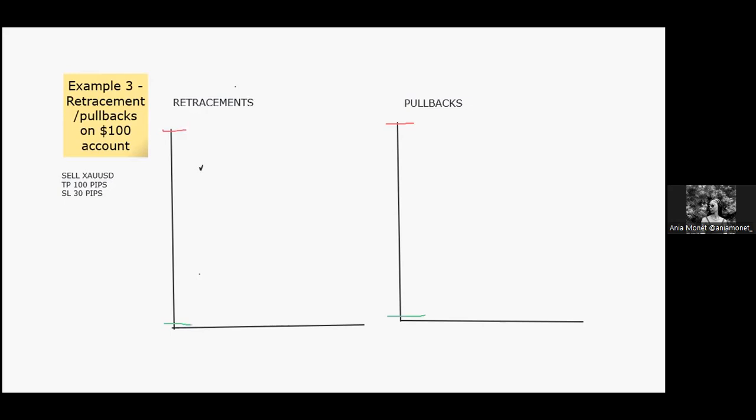And excuse me, entry can just be black. Okay, so this is your SL here at the top. This is your TP here at the bottom. And the black is your entry. All right, so this is a sell for gold.